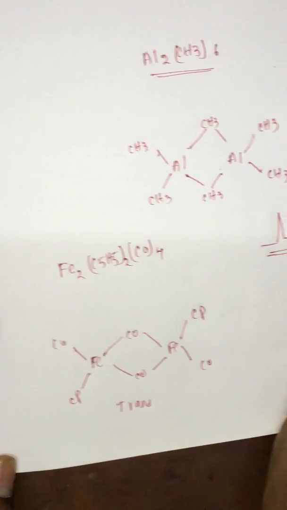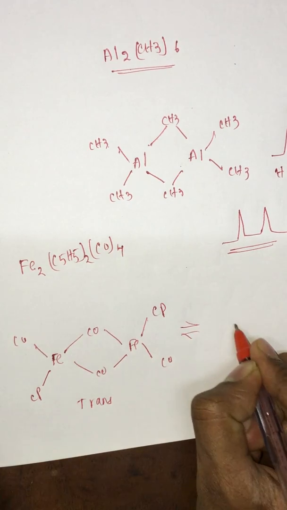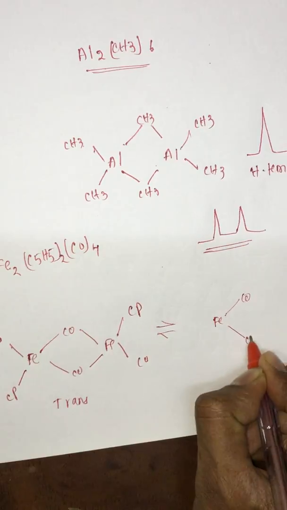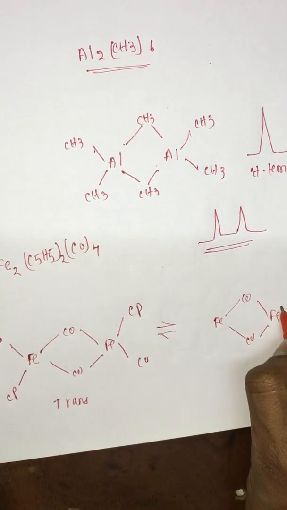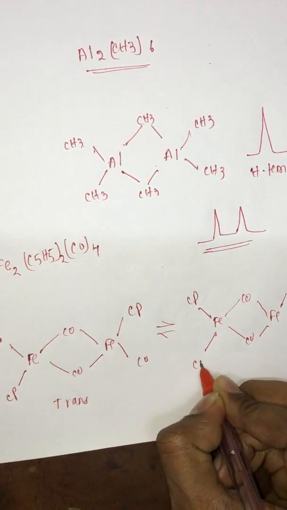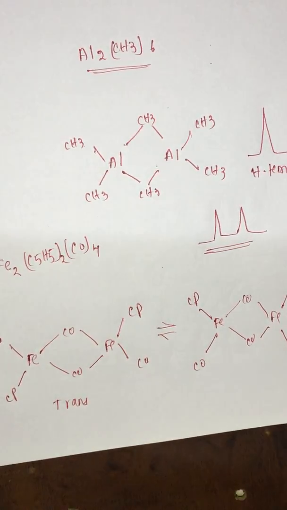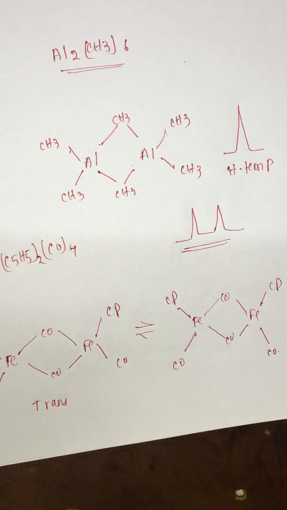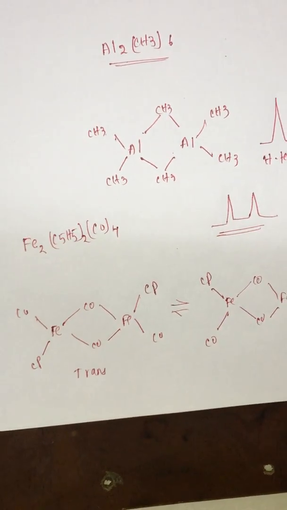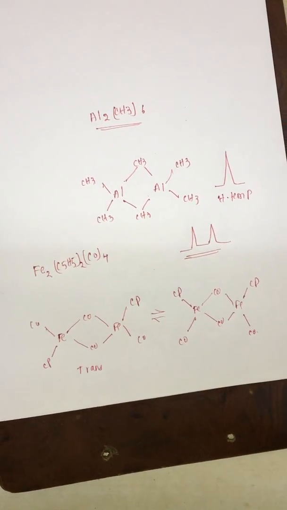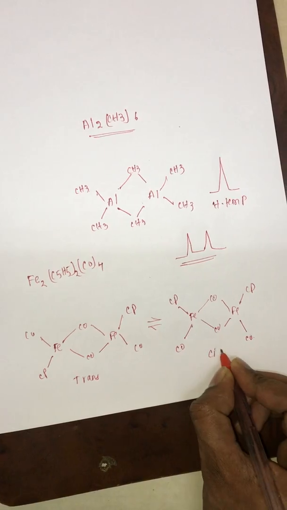So this is in equilibrium with cis form. Cp. So there is an equilibrium between the cis form as well as trans form here.